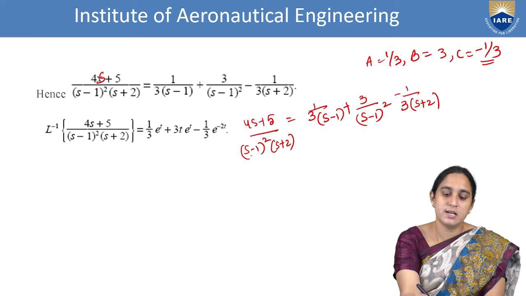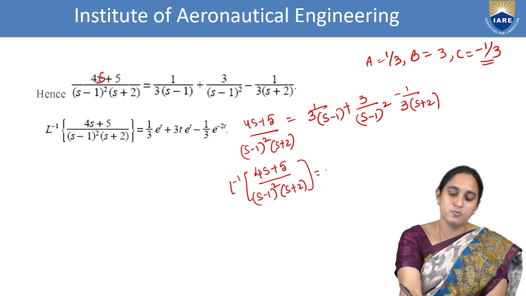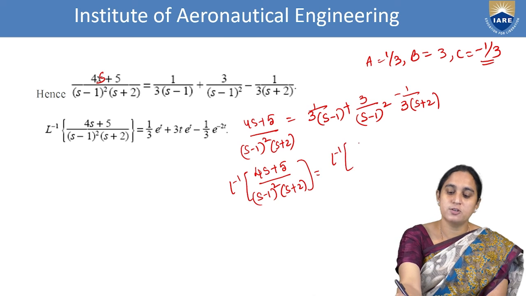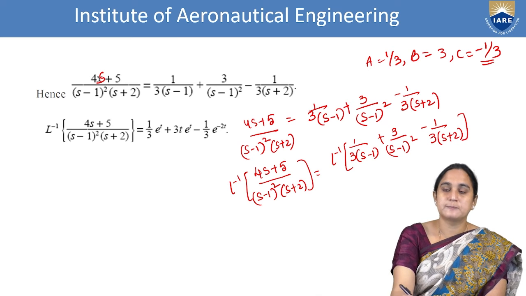Therefore, apply Laplace inverse on both sides. That is Laplace inverse of (4s plus 5) by ((s minus 1) whole square into (s plus 2)) is equal to Laplace inverse of 1 by 3 into (s minus 1) plus 3 by (s minus 1) whole square minus 1 by 3 into (s plus 2).